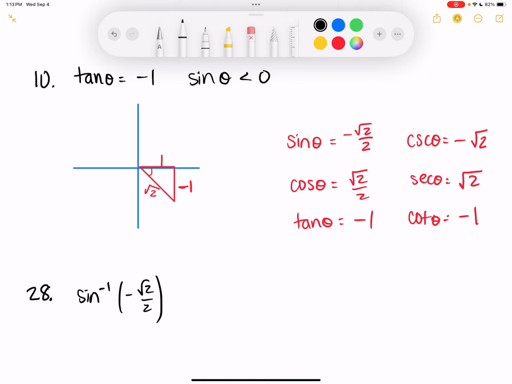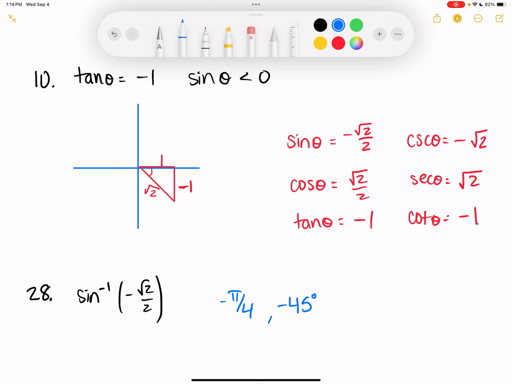It's negative, right? And I'm gonna say negative pi over 4. In degrees, negative 45 degrees.